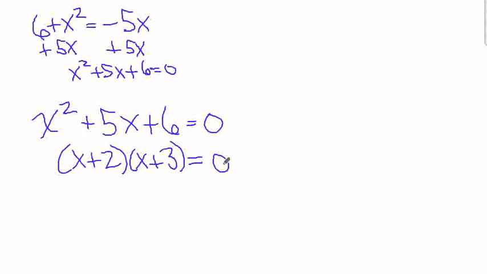Now, in order to continue, I'd like to bring something to your attention. We're looking at a product of two blobs, two pieces, two binomials, and the product is equal to 0. Now, can you think of some examples of products that are equal to 0? Let's just brainstorm. Think of a couple. How about 5 times 0? That's equal to 0. How about 0 times 10?